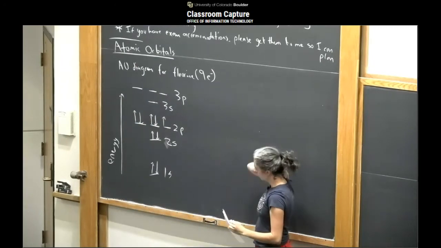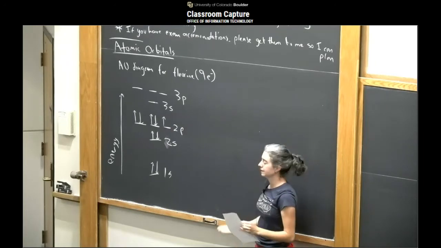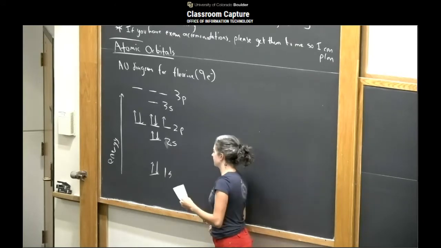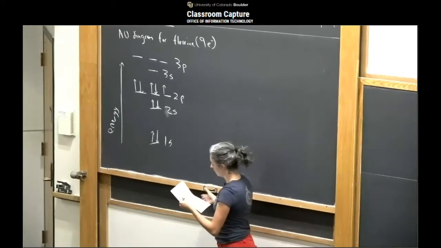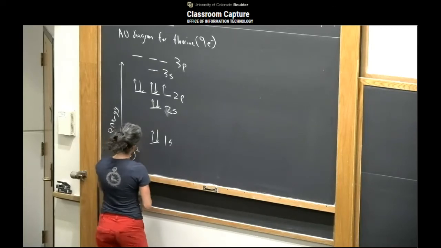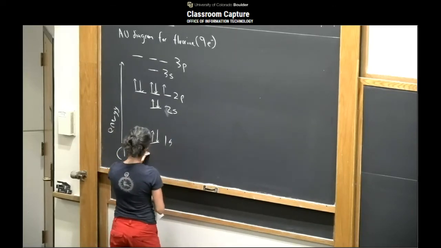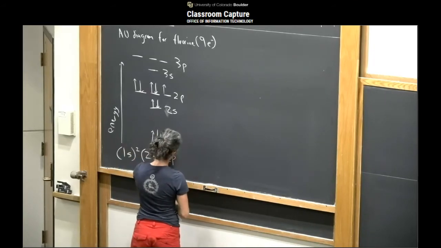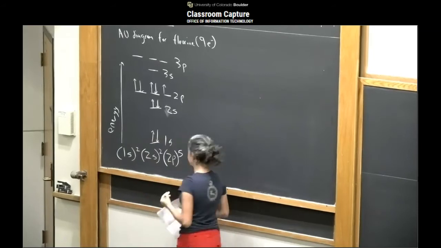That's how the orbital filling would look for an isolated neutral fluorine atom by itself. We can write out the configuration as 1s2, 2s2, 2p5.